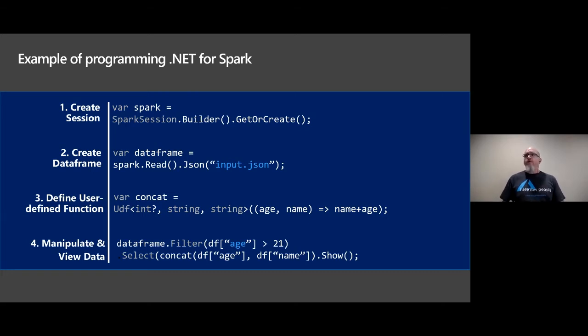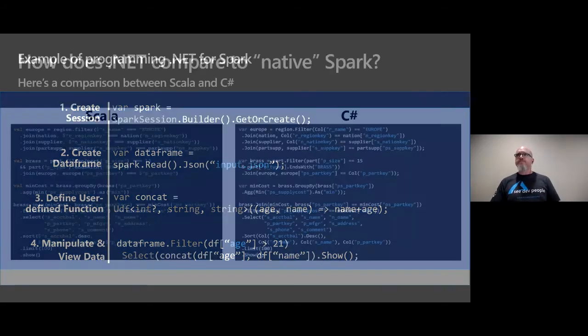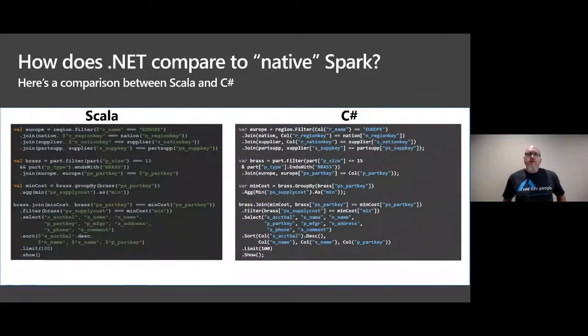This is an example of manipulating and viewing data. It uses a filter to pick people with an age over 21. Then it uses that user-defined function to create a column. It's basically just selecting one column that concatenates the age and the name, because that's what that function does.